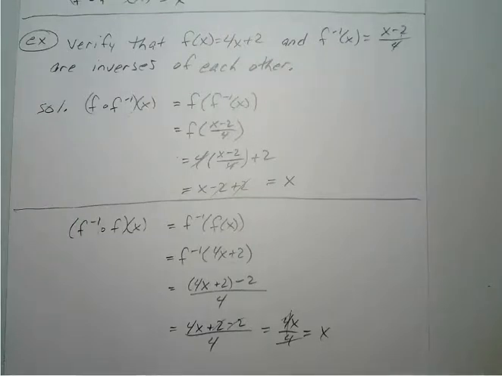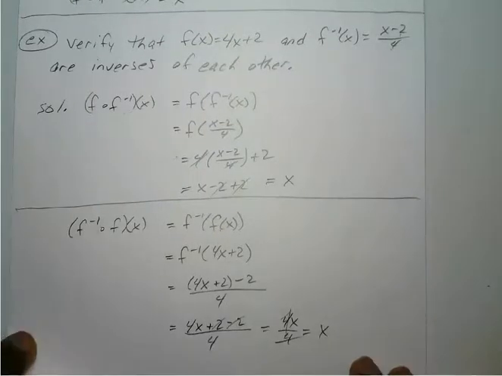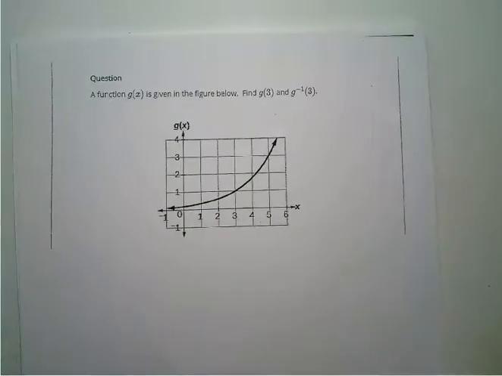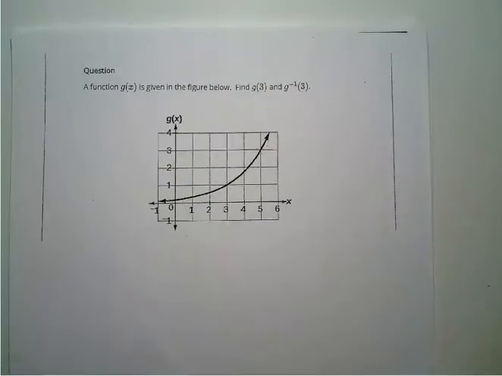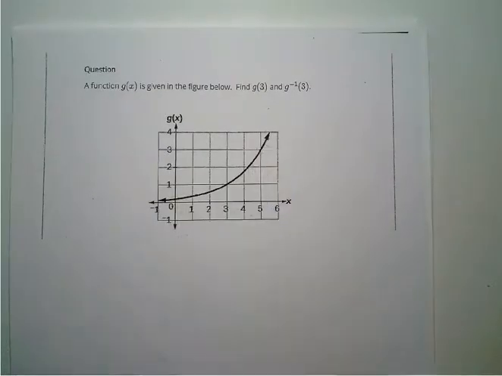All right. So if you are still writing, please feel free to press pause. We're going to do one more example. All right, and this one is a problem that I printed up already. Okay, so what if you have a function g of x, which is given in the figure below.